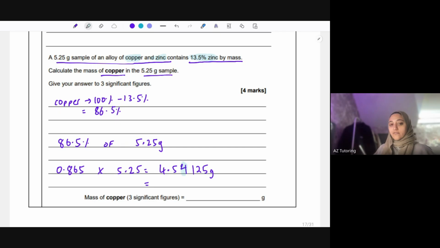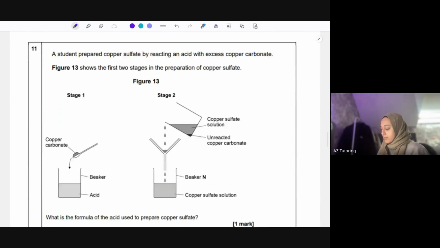The 1 keeps that 4 the same. So my answer is 5.54 grams. And that's my answer. Just check that. Yep, that's right. That's quite a nice 4 marker that they're giving just for using your GCSE math skills in chemistry. A lot of chemistry is that, and a lot of physics is also that as well, which you'll see in tomorrow's class as well.